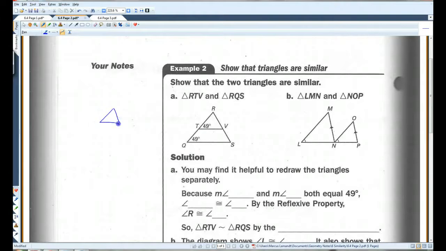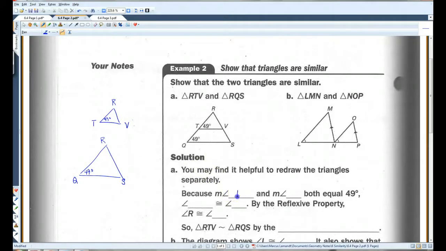So we've got RTV, this is 49 degrees, and we've got RQS. If we can show that two angles are congruent between these two triangles, we're good.